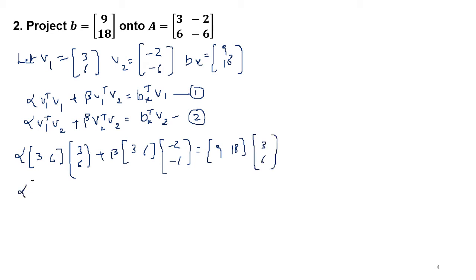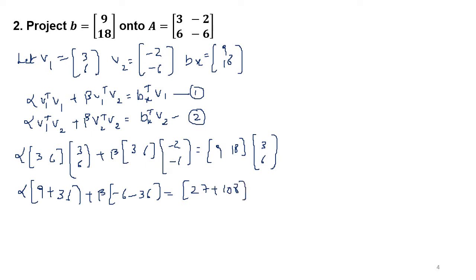It is equal to alpha into 3 3s are 9 plus 6 6s are 36, plus beta into 3 2s are 6 and it is minus, so minus 6, 6 6s are 36, so minus 36, is equal to 9 3s are 27 plus 18 into 6 is 108.